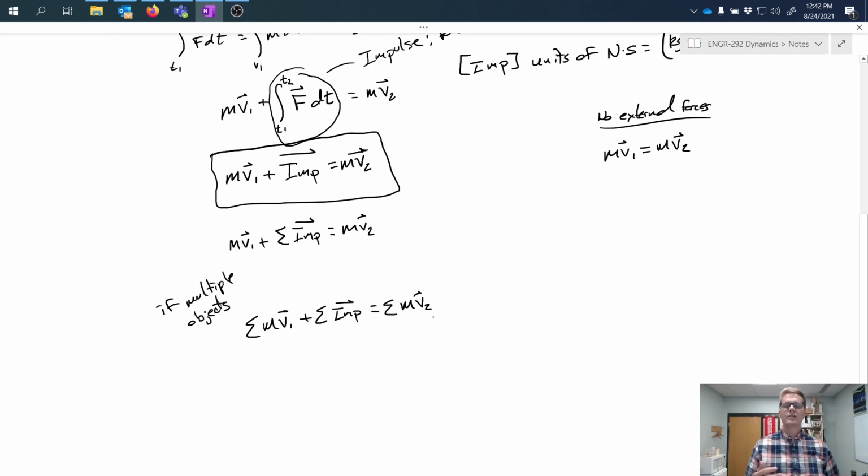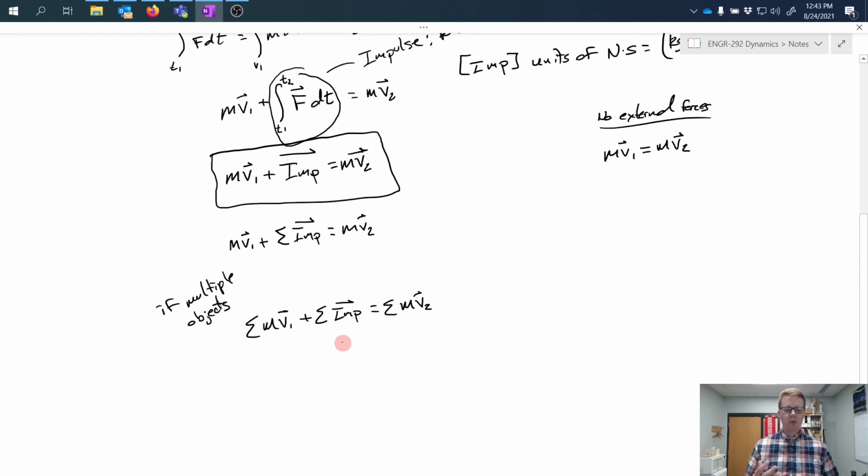And we can use this conservation of momentum principle to analyze that. Now in that example, this impulse term right here in the middle would be zero if we don't have those external forces acting. So we can keep in mind that impulse may or may not exist depending on whether or not we have those external forces.